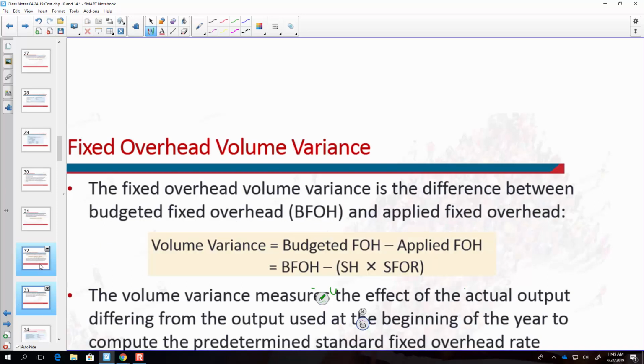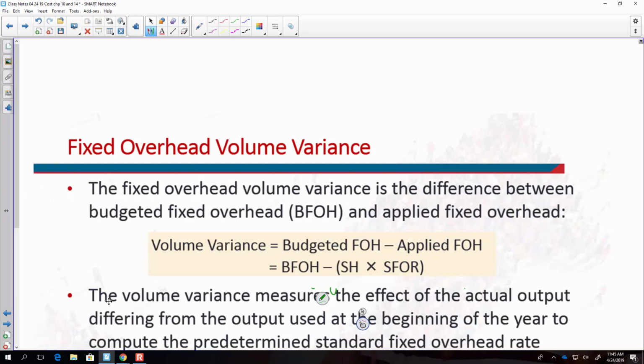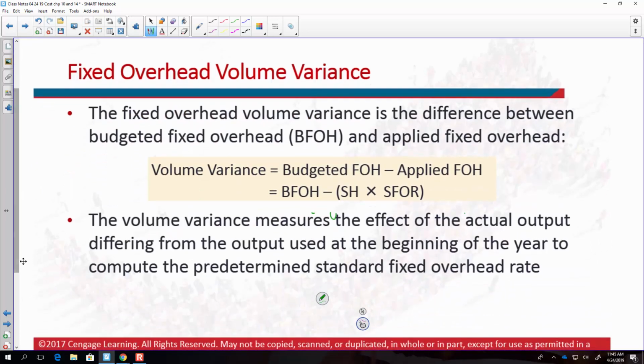It talks about capacity here. Basically, for both the spending and the capacity or volume variance, it is the responsibility of the production supervisor.